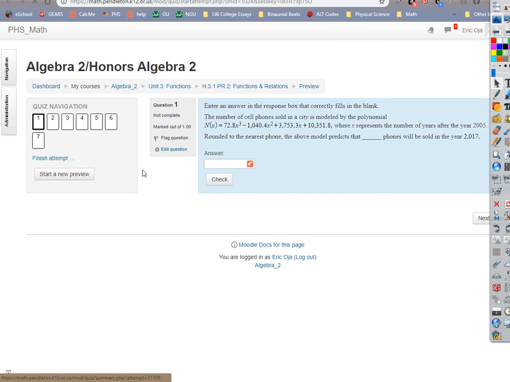I'm going to do the second assignment. Something like that, where you get a really ugly function. So look what this is telling us here.